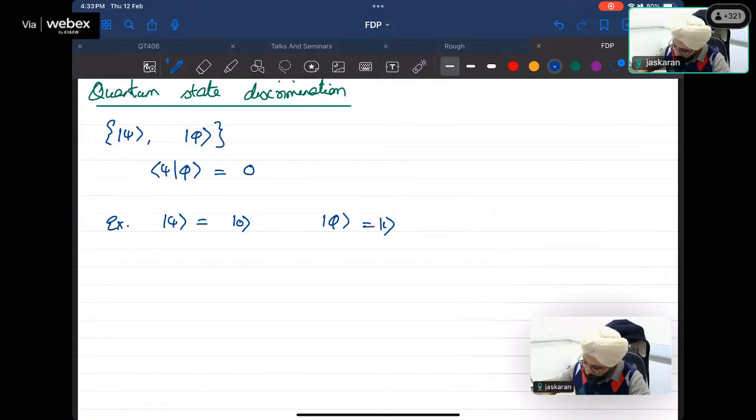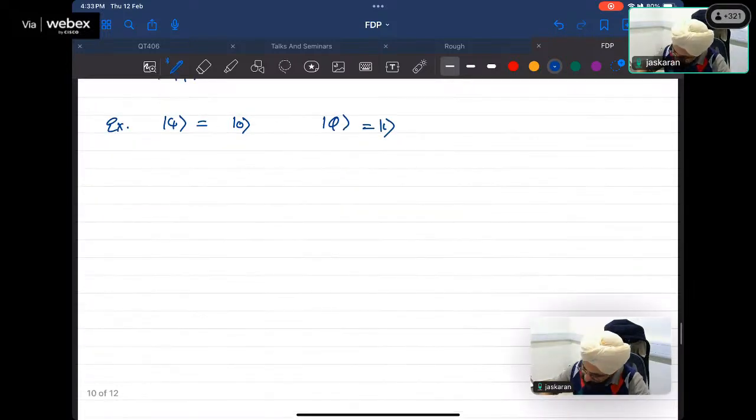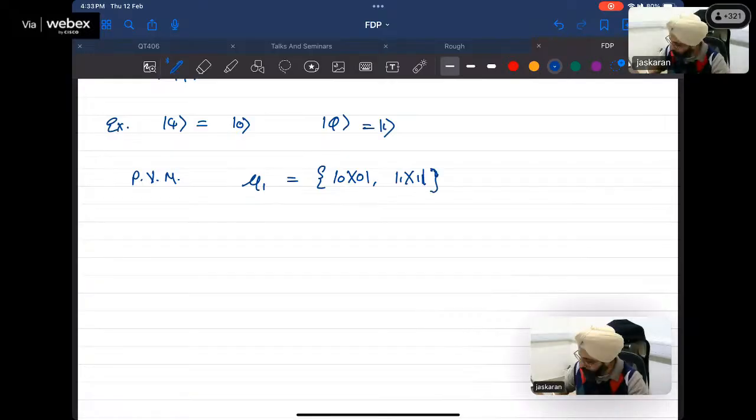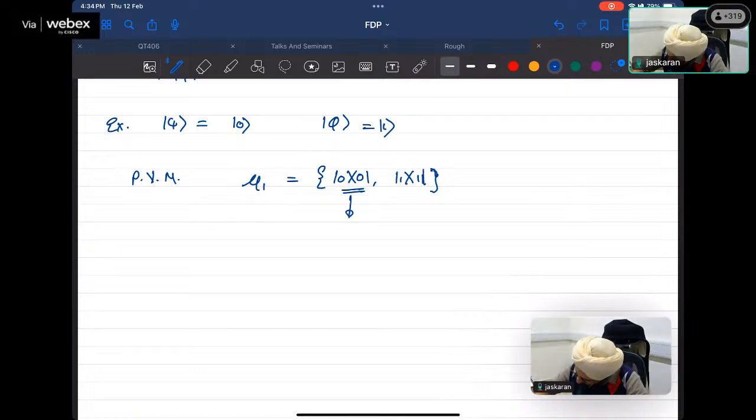So what I can do is design a projective value measure, and I can choose the setting mu1 equal to |0><0| and |1><1|. This is my measurement, and I am given one of these states and I just implement this measurement. If I get the outcome corresponding to 0, I know the state is ket psi.